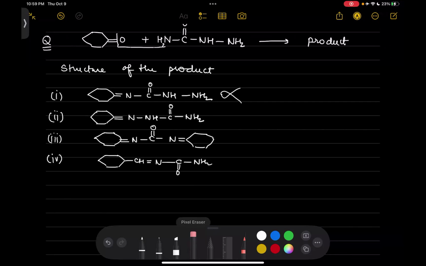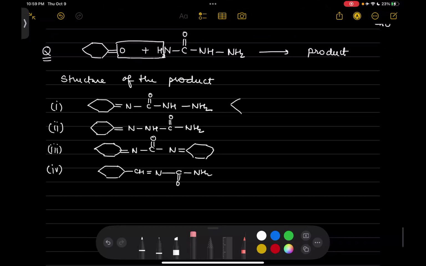So where is the mistake? Part of it you are correct. You have removed the H2 and O and connected the double bond to nitrogen. That is correct. But you have to be very careful while looking at the amine NH2 which you are choosing.